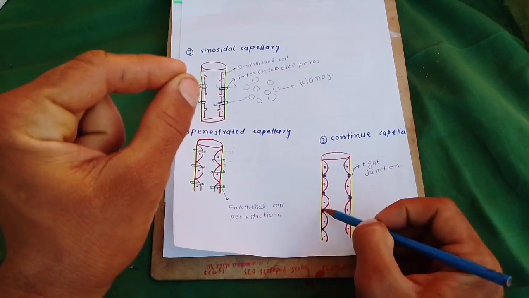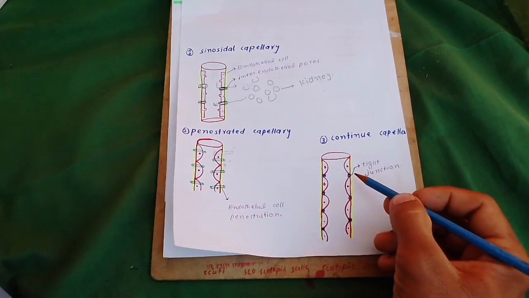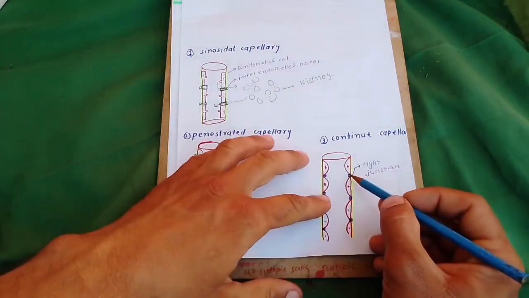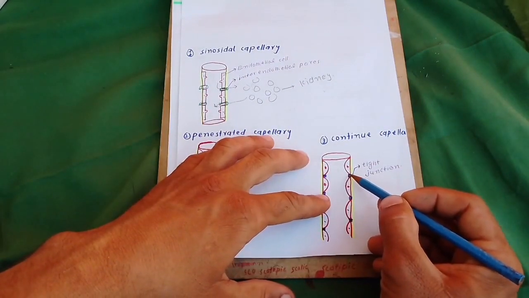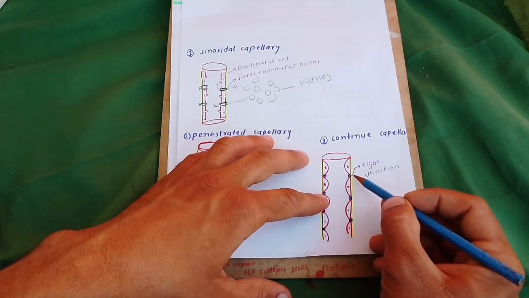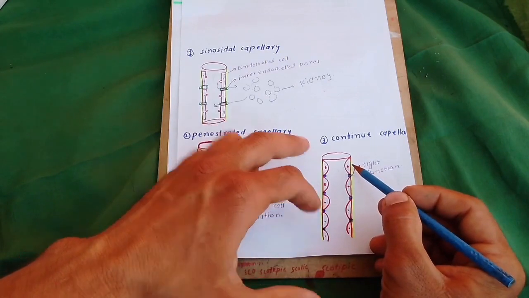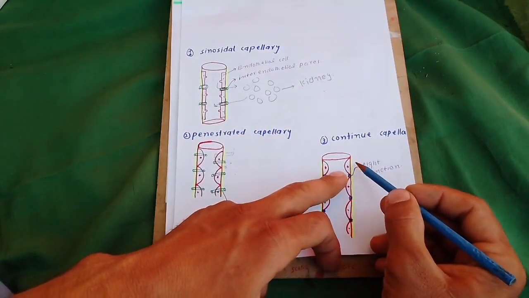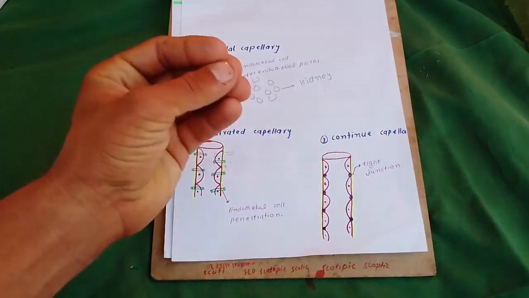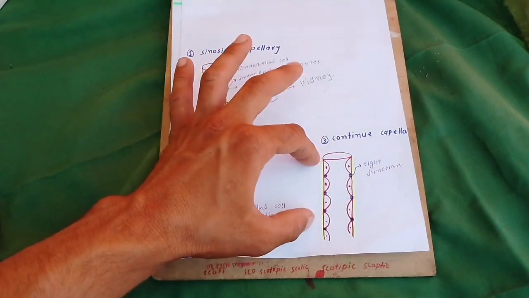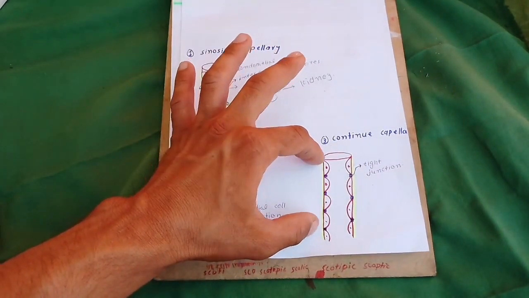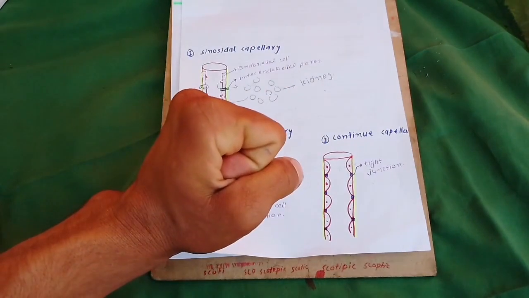This is a tight junction. The endothelial pore is filled by a tight junction. This is a specific protein, so there is no pore. This capillary also lacks penetration, so this is a continuous capillary. This is the capillary of the central nervous system and the peripheral nervous system.